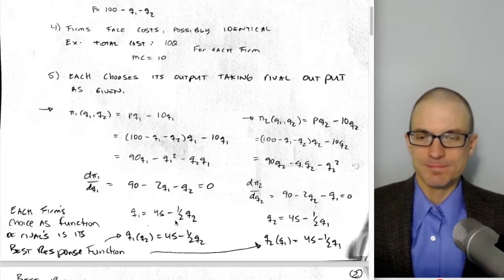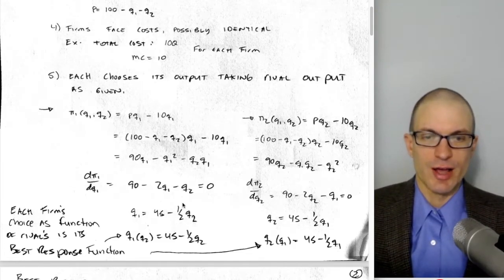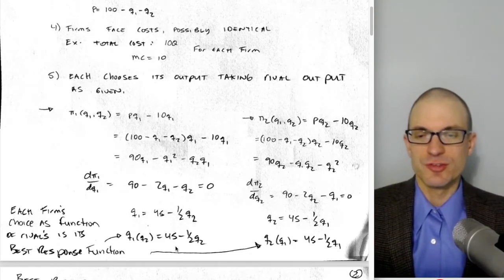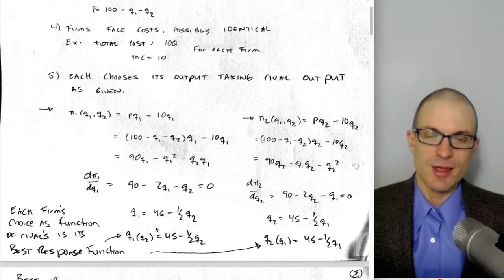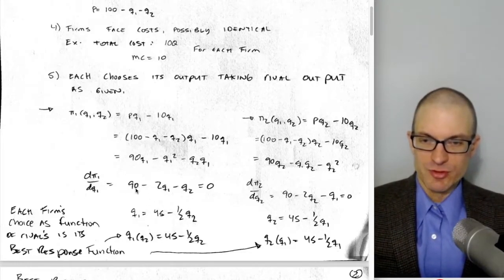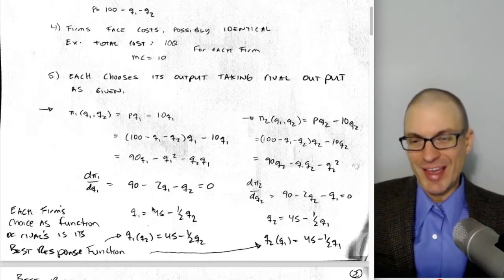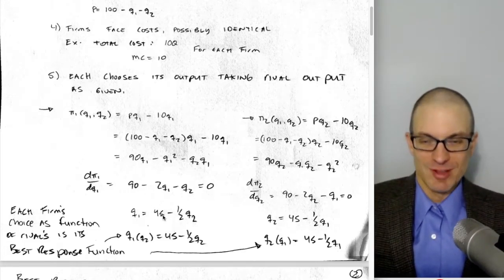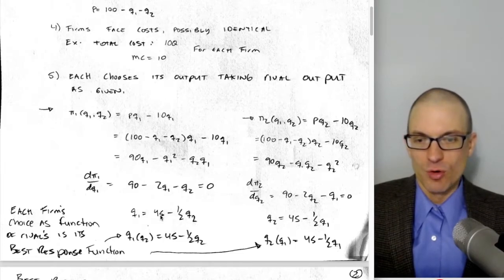So you'll see that everyone's got their own preference for how they want to solve reaction curves, but I think it's way better to do it this way if this value is divisible by 2, if it's even, or nicely divisible by 2, meaning something that's not even but not horrible to work with.